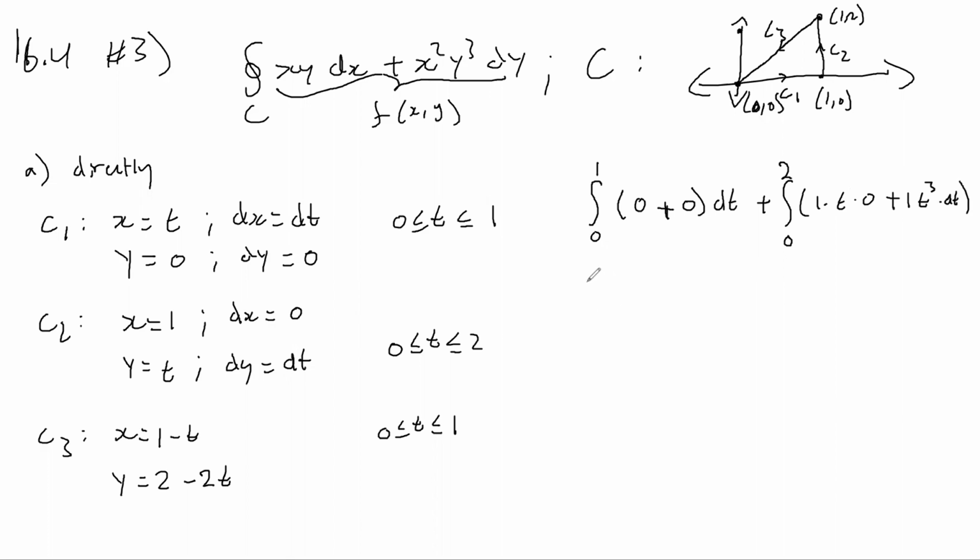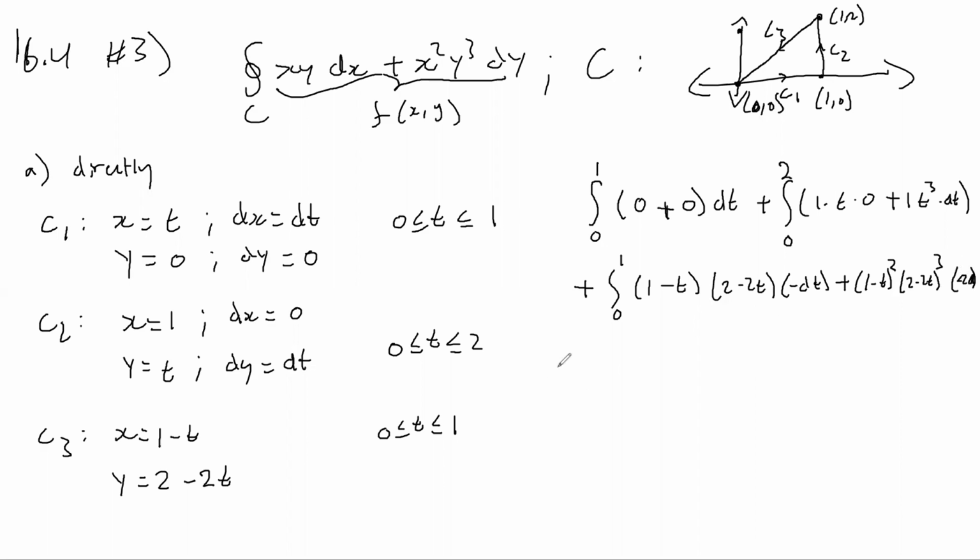And then the last segment from 0 to 1: we have x as 1 minus t, y as 2 minus 2t. Now dx is going to be negative dt, plus x squared, so (1 minus t) squared, and then (2 minus 2t) cubed, and then dy is going to be negative 2 dt.